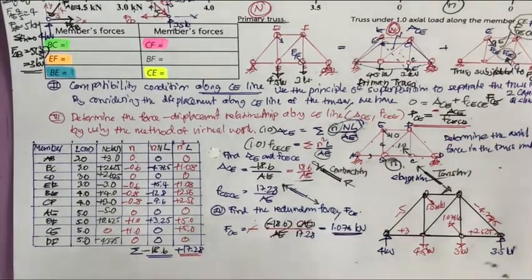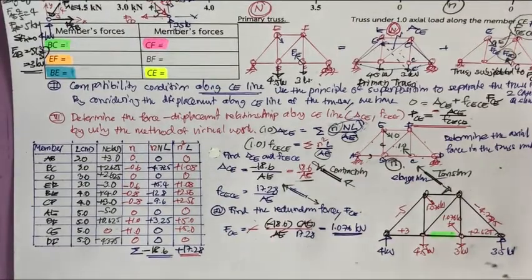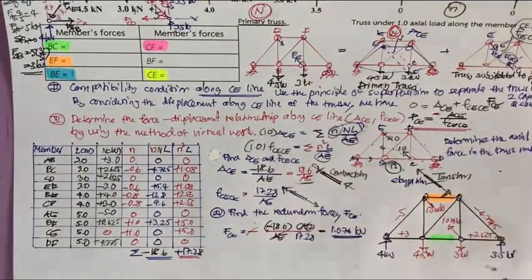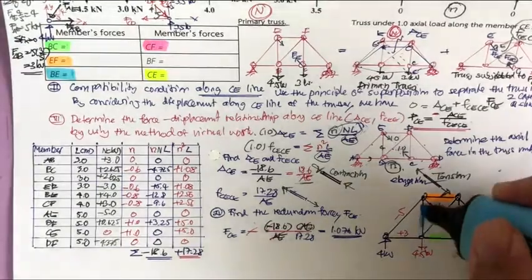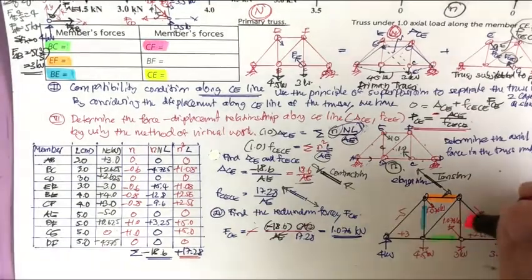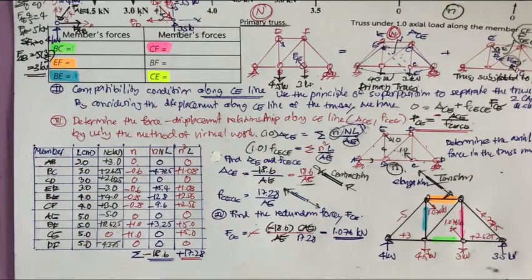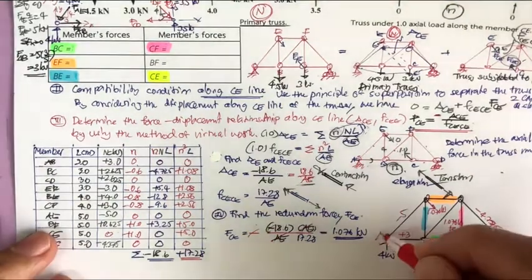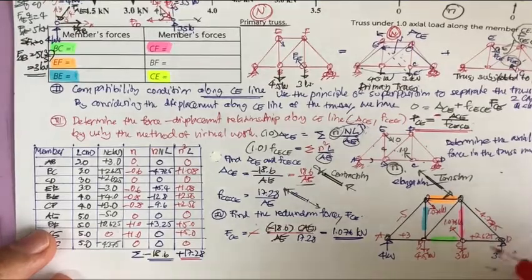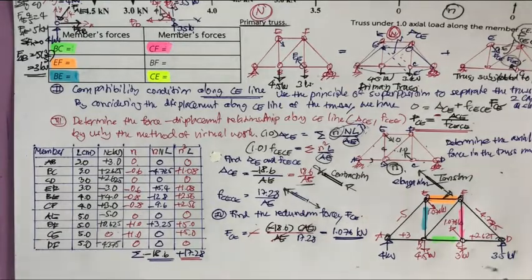Okay, now that is what you guys are going to do: determine the force in this member, in this member, in this member, and in this member, and then you can answer into this, right? As it's going to be A, B, C, D, E, F. You do it by using the same method of section or method of joints.